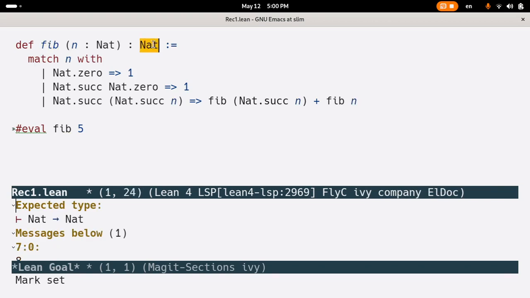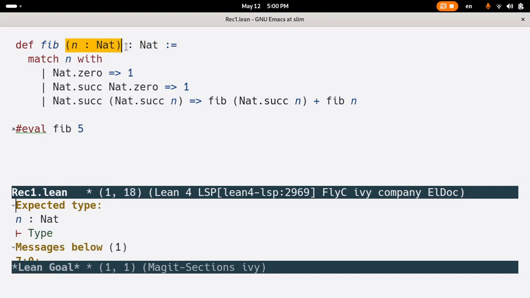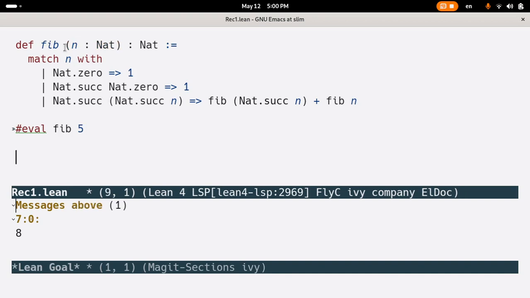So fib is a natural number parameterized by a natural number n, and after colon equal to, you state the definition of fib n in terms of n. So we will use such parameterizations naturally whenever we need it.